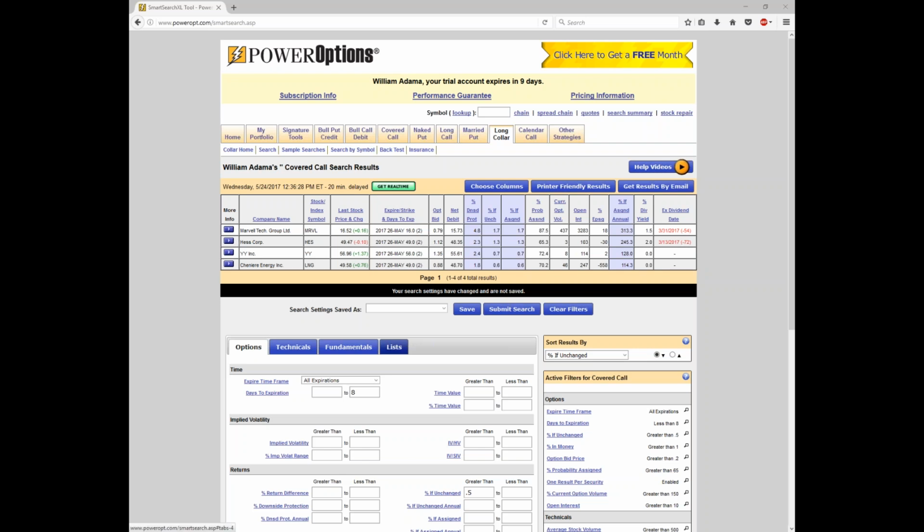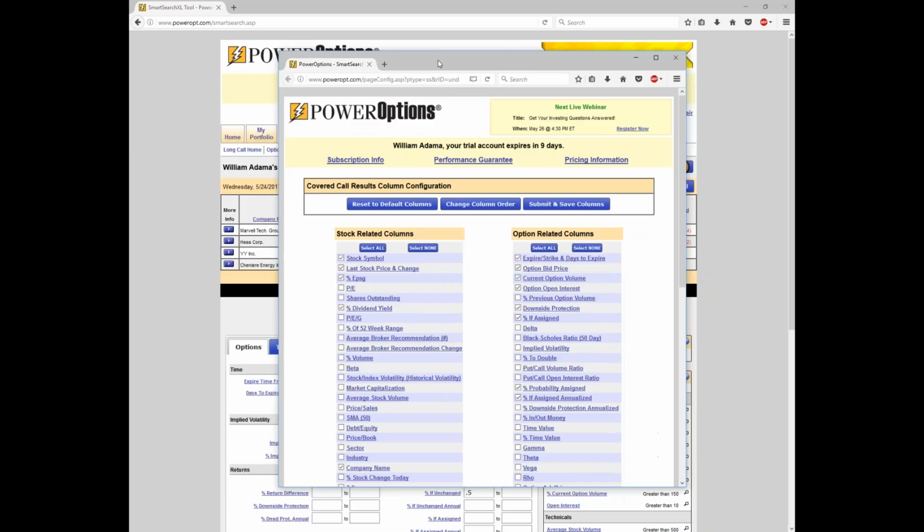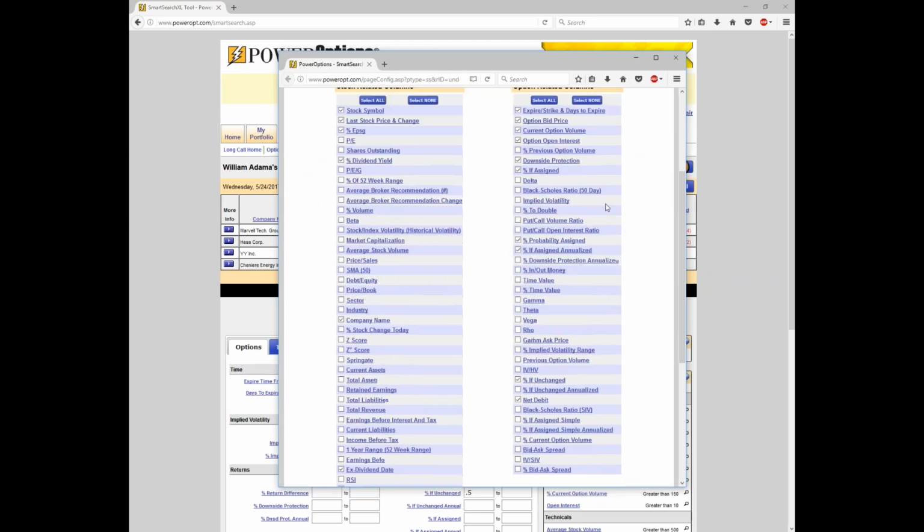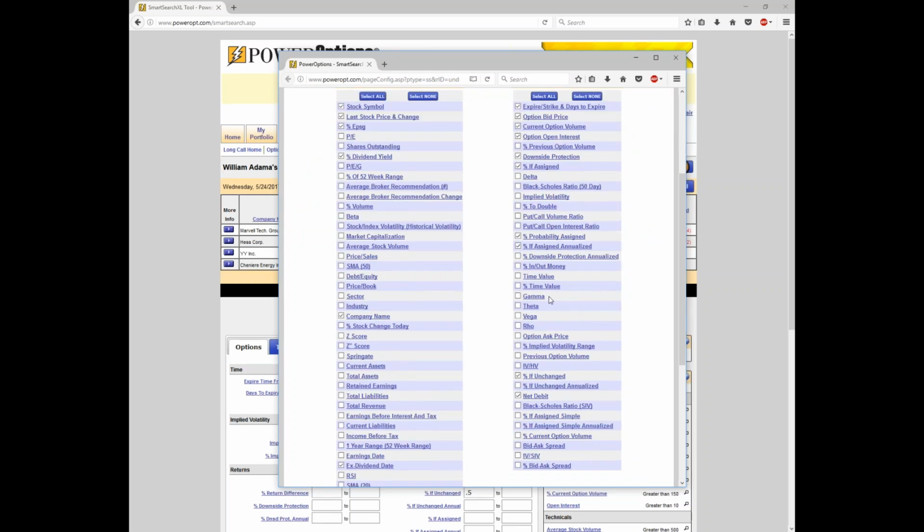All right, so we talked about the list. You could create your own list, or remove a list as well. And remember, one important feature I didn't show: when you're in any strategy or in any search, like these covered call opportunities, just as we saw with the option chain, you can customize the data view. So we click on Choose Columns. When you're in the search, you can check the boxes for which option criteria to view. You could select gamma, theta, vega, Black-Scholes ratios, percent of assigned, IV ratios, and more.